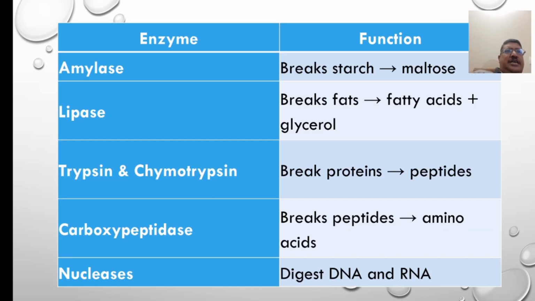Amylase breaks starch into maltose, lipase breaks fats into fatty acids and glycerol, trypsin and chymotrypsin break protein into peptides, carboxypeptidase breaks peptides into amino acids, and nucleases digest DNA and RNA.